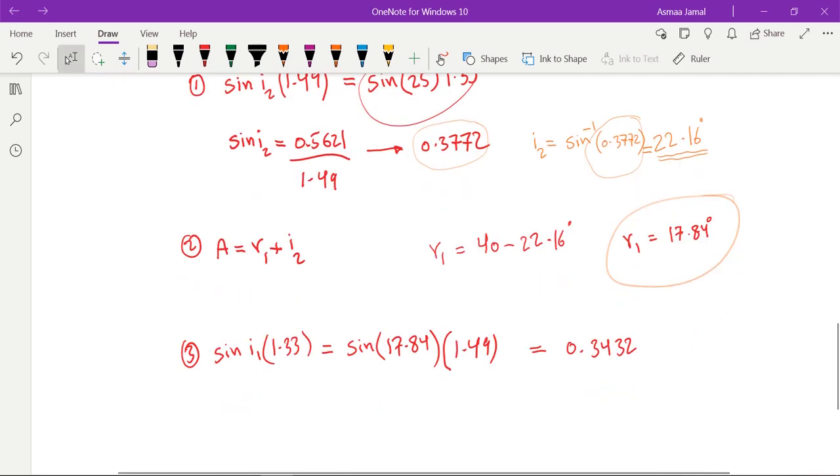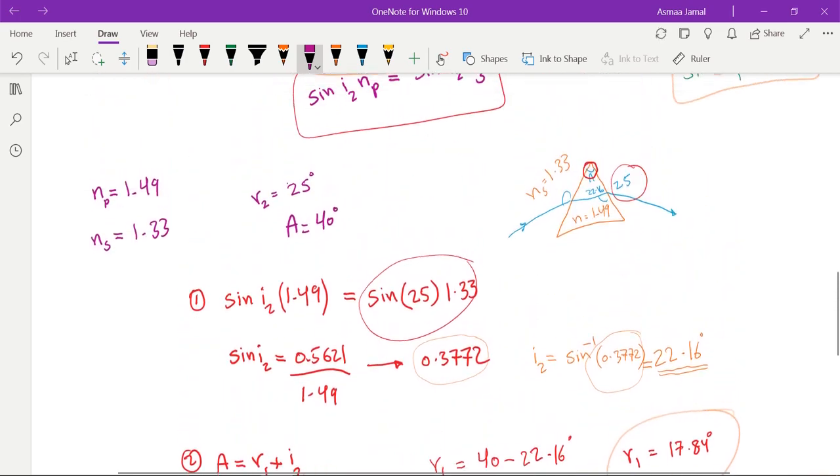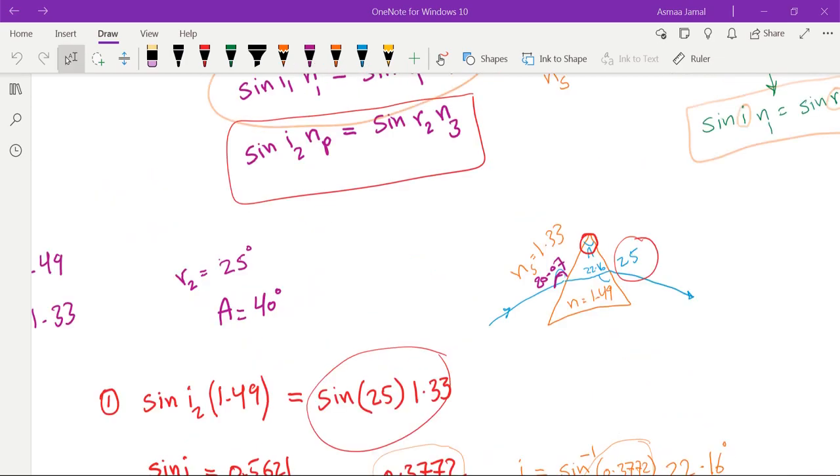The angle that has this sine, so inverse sine of this one, is 20.07 degrees. So the light strikes that prism at an angle of 20.07 degrees.